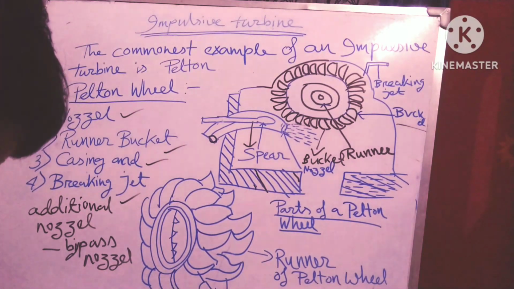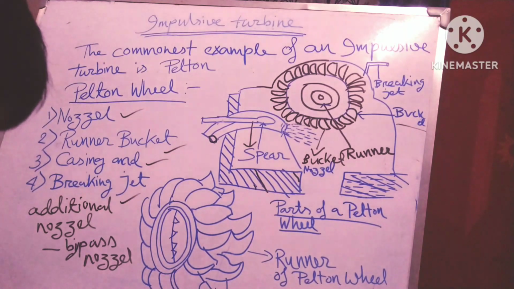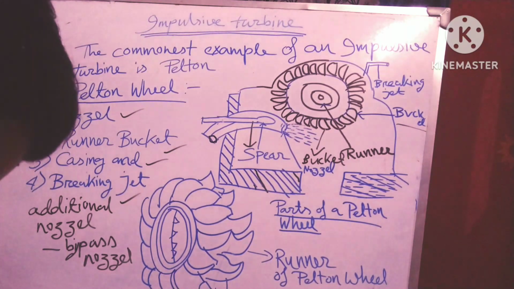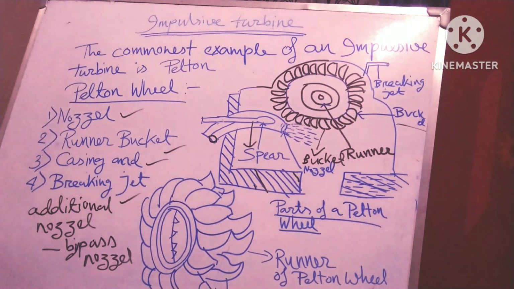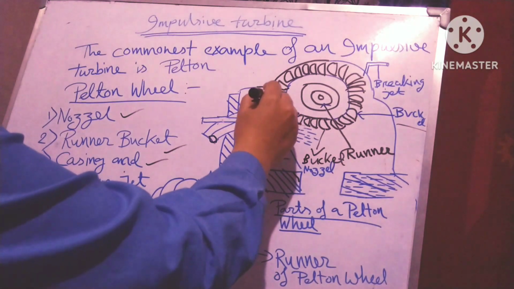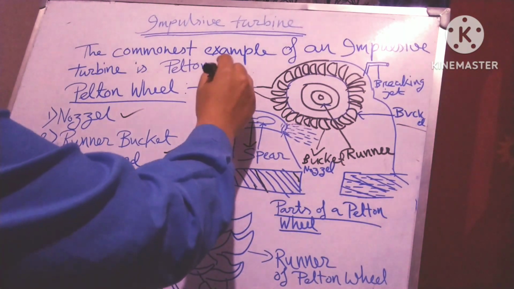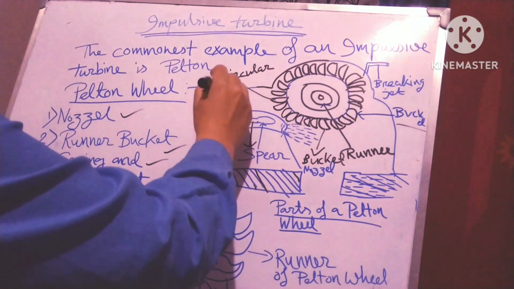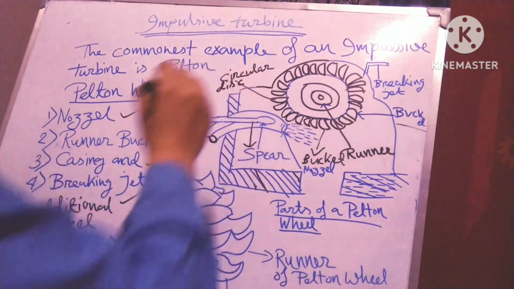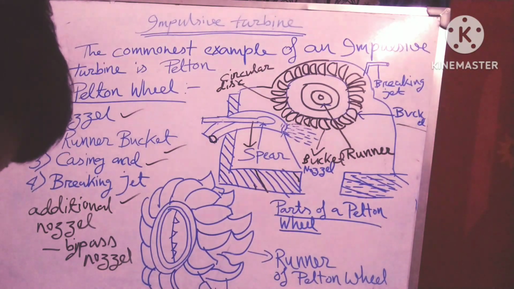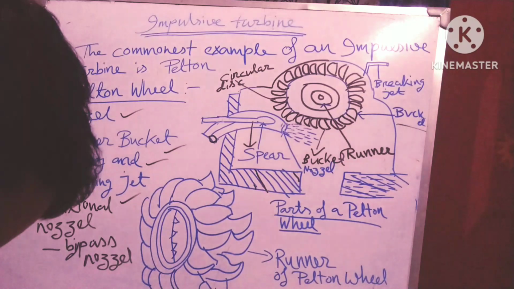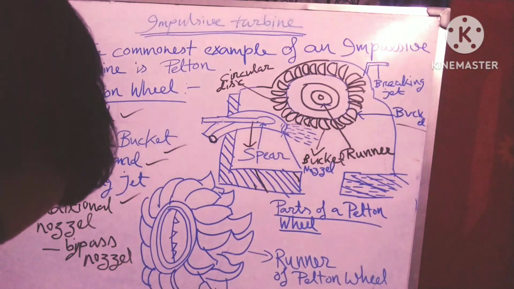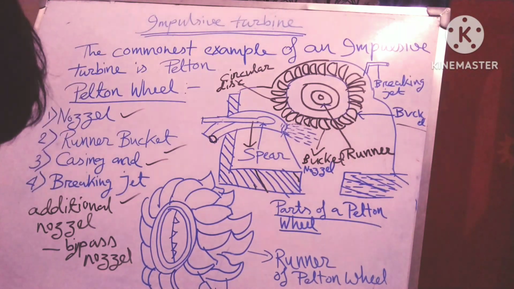Now the runner and buckets. The runner of a Pelton wheel essentially consists of a circular disc fixed to a horizontal shaft. On the periphery of the runner, a number of buckets are fixed uniformly.